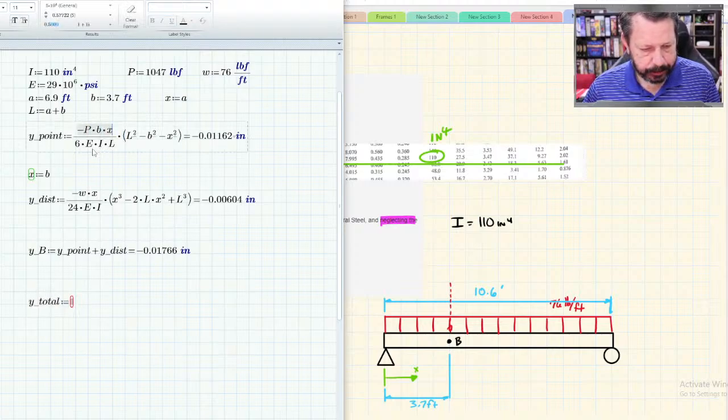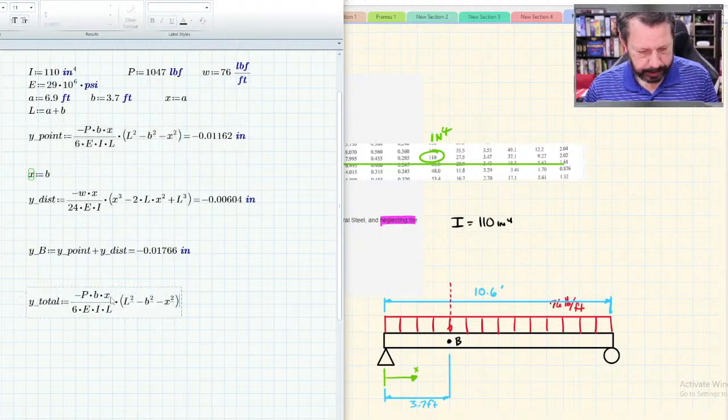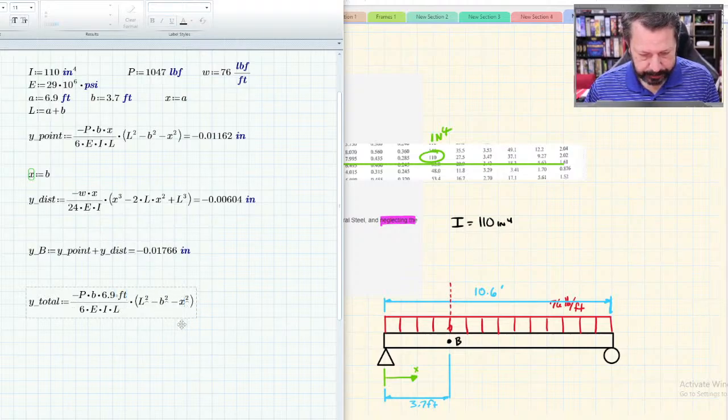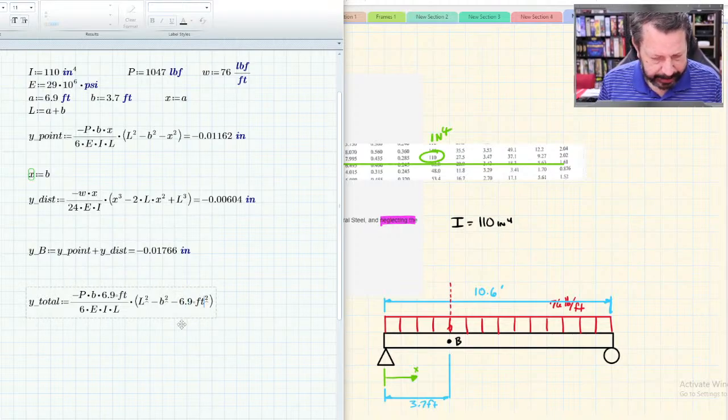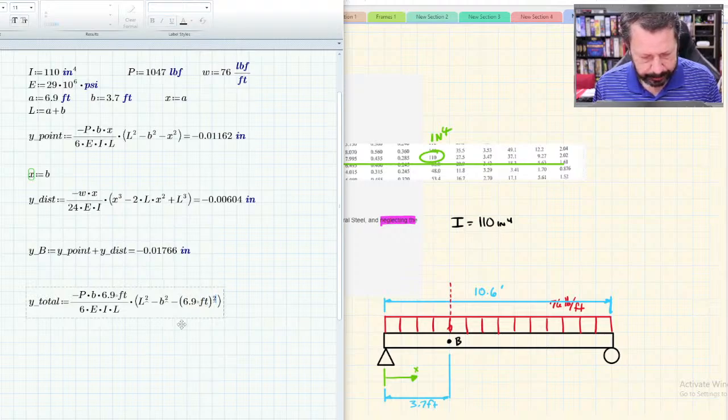Oh, because I just need this part. Okay, and we're going to make x equal to the 6.9 feet in both of its instances. Everything else should be fine. Oh, but that didn't square correctly. Let me do that. There we go.